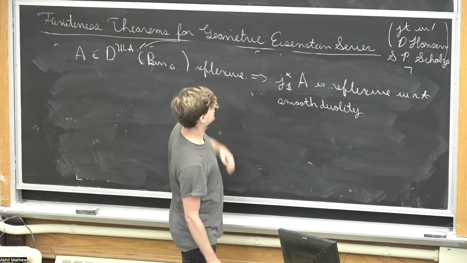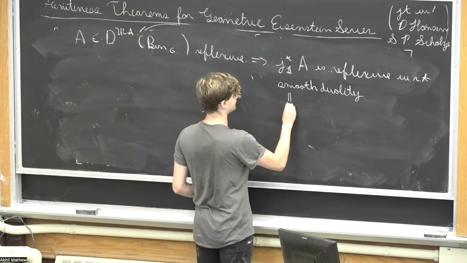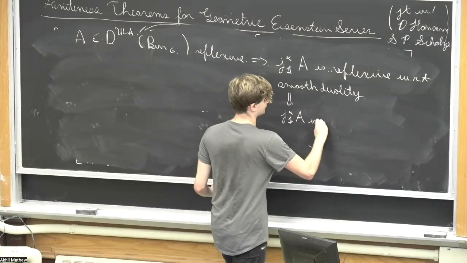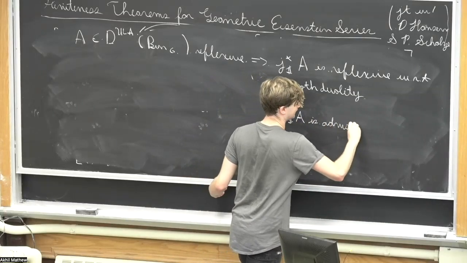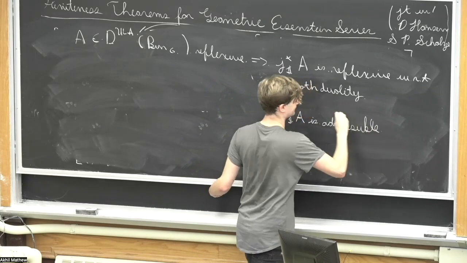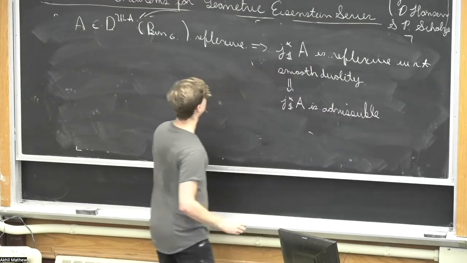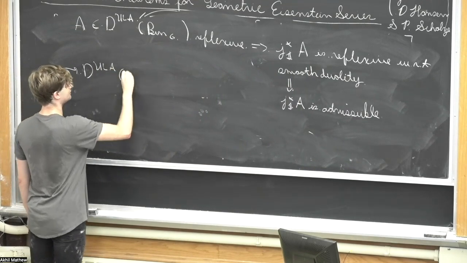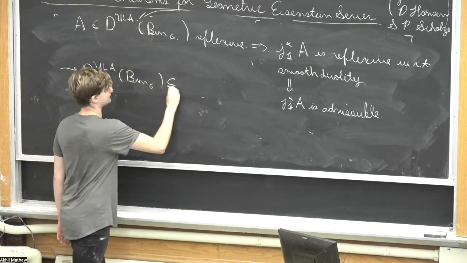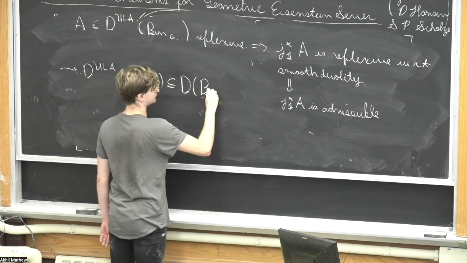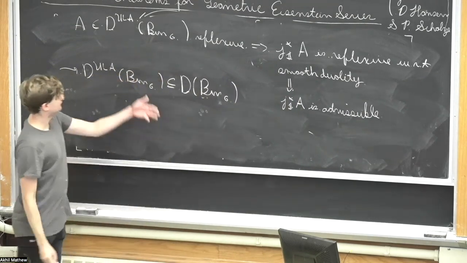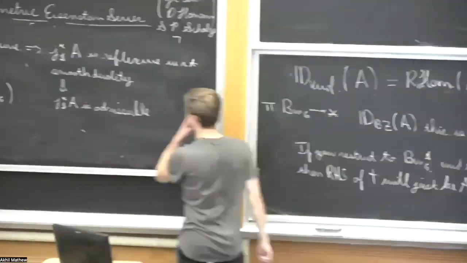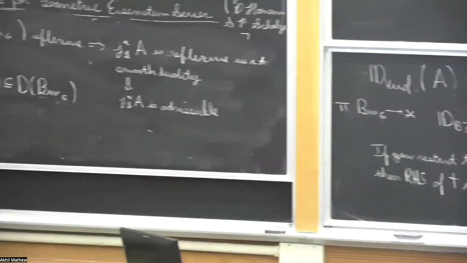And because we're working with coefficients in a field, that's actually just going to imply that j_1 star A is admissible, using this fact about infinite dimensional vector spaces that I mentioned at the beginning. So in particular, we see that the inclusion of D ULA of G inside D of G is strict. So this condition of being ULA over a point really captures something interesting.